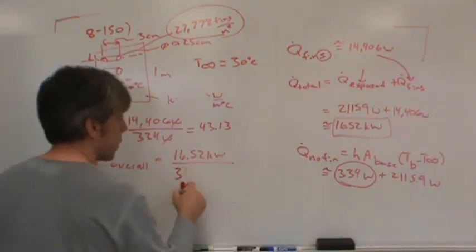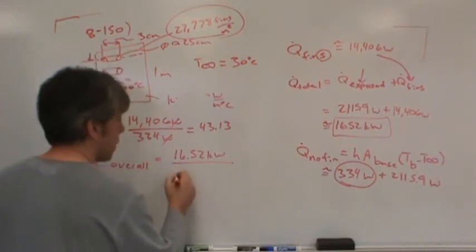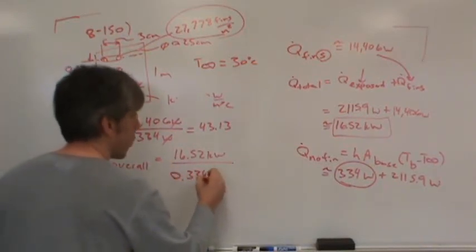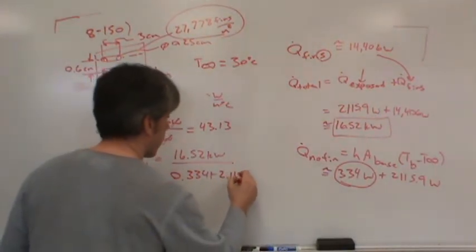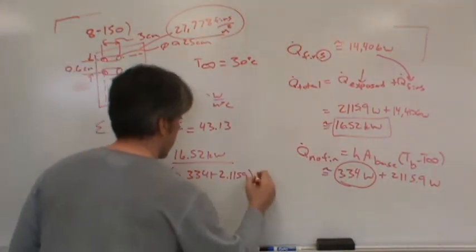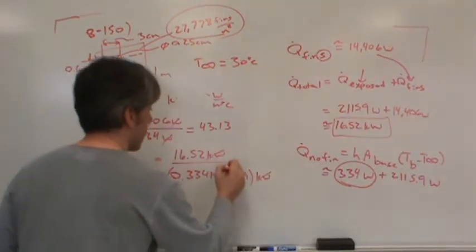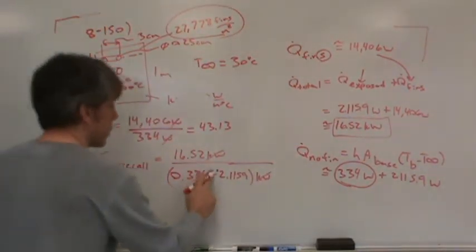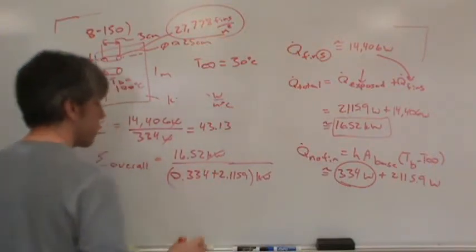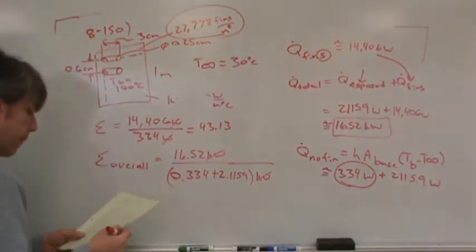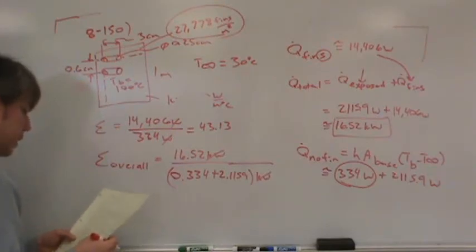So let's do it this way. 0.334 plus 2.1159 kilowatts, so that the kilowatts will go away. So plug that in your calculator, please. And let's see if overall it was effective to put the fins on this plate.